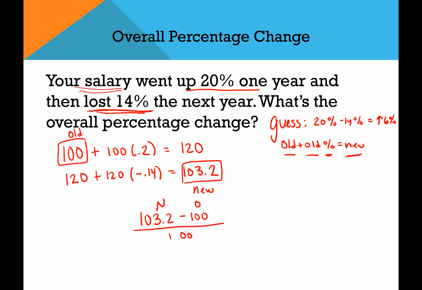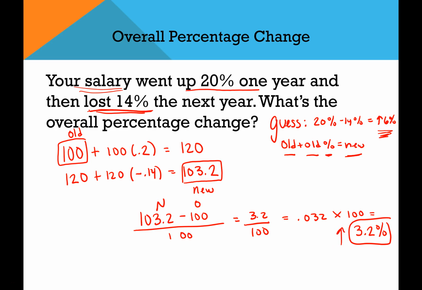My old is 100. So it's going to give me 3.2 divided by 100. That gives me, bringing the decimal back 2 places, 0.032. And then we have to multiply by 100. And that gives me 3.2%. So you don't get 6% increase, you get 3.2% increase.